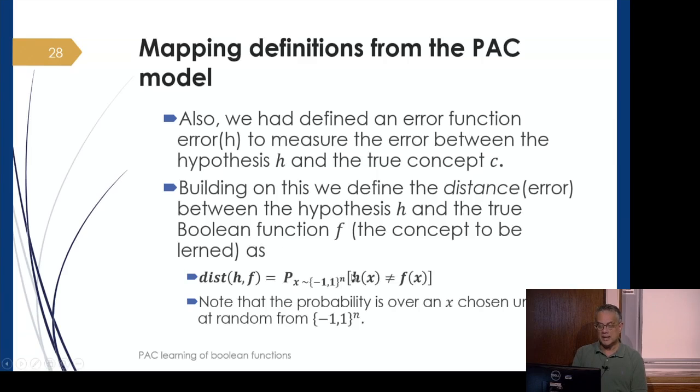That's what this notational form is saying. We had used the letter D when we discussed PAC learning, and in this case we are talking about a uniform distribution. So D is a uniform distribution. It's exactly the same definition as error in the context of PAC learning, with the concept being the function f we wish to learn, and the distribution being a uniform distribution. Otherwise, it's the same framework.